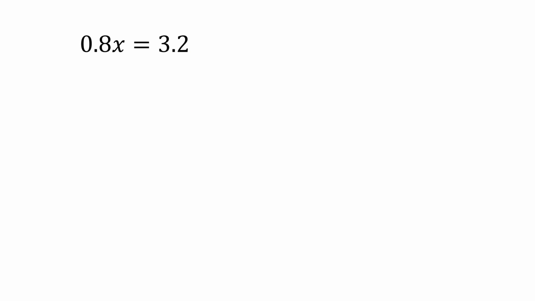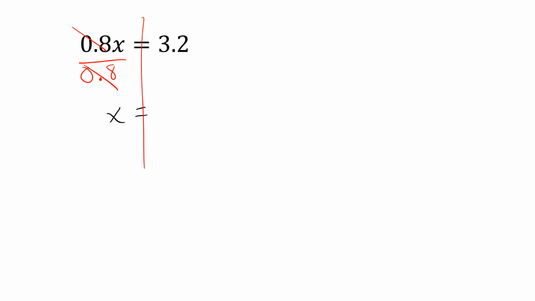Okay, here we go with the multiplication. Check this out. This is 0.8 times x. That's what it means. 0.8x means 0.8 times x. So I'm going to use that trick I used earlier, and I'm going to divide by 0.8. And this is the case where these two cancel each other out. And I now have x all by itself.